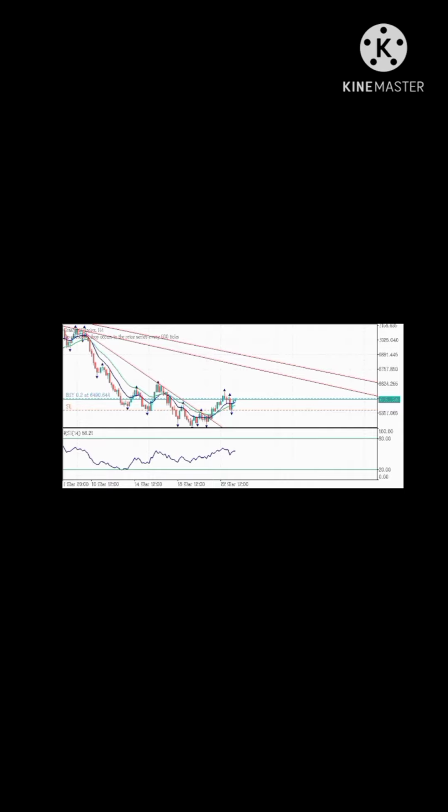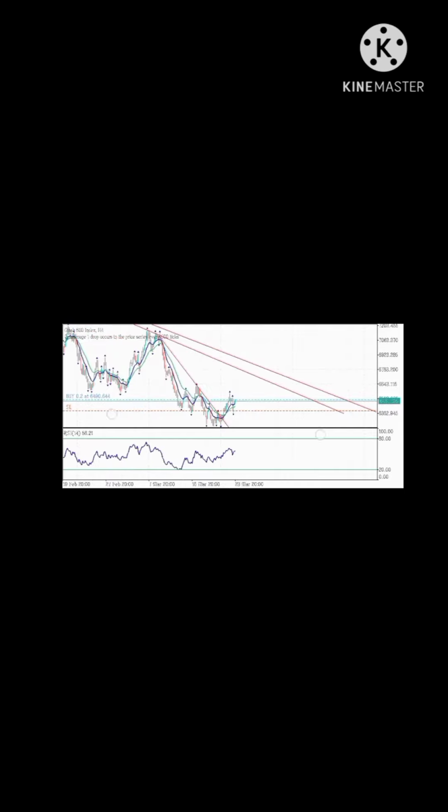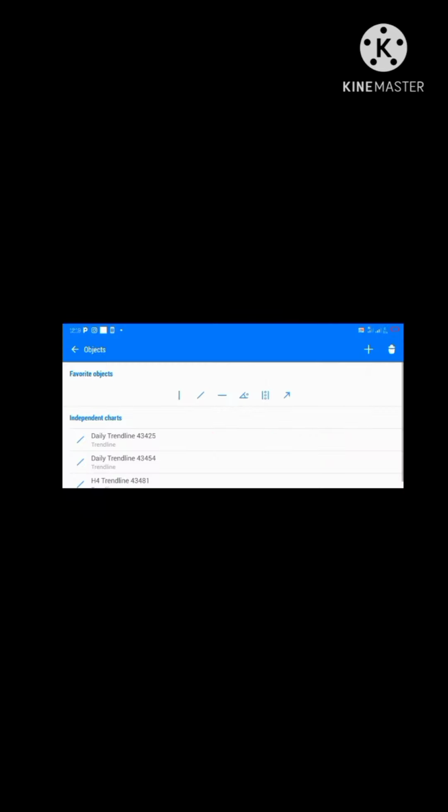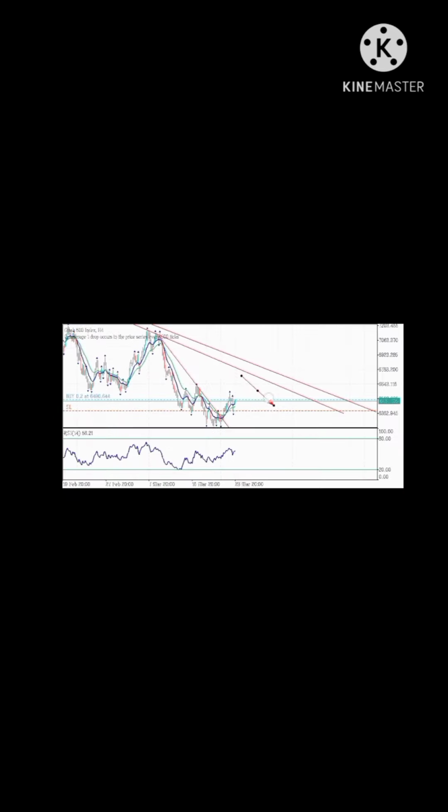So to set the take profit, see these two indicators, trend line. I drew this trend line on daily time frame, which means the resistance this trend line is representing is a strong trend line that formed on daily time frame.